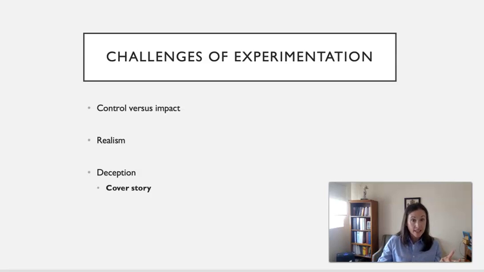Asch's line study is another example of a cover story, where it's, we're measuring perception. Because if participants came in and you said, we're measuring conformity, that's going to affect their behavior. So most of the studies you learned about this semester have deception, have a cover story involved.